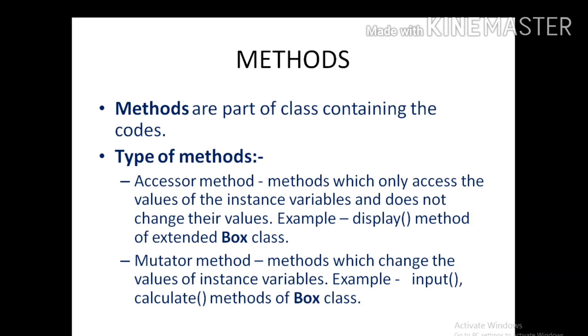An accessor method only accesses the value of the instance variable and does not change its value. A mutator method changes the value of instance variables. These examples we will see in later slides. These definitions of methods depend upon how they access the member variables.